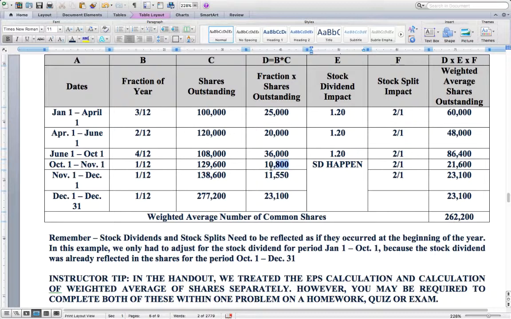The stock dividend is reflected in this number, the 129, therefore it carries through to the remaining ones. So you have to go back to the beginning and adjust for the ones that do not have the stock dividend reflected. The stock split is the same way. You would have to go back to the beginning. Since the stock split occurred at the beginning here, December 31, there is no impact to go back because this is the period in which the stock split occurred.